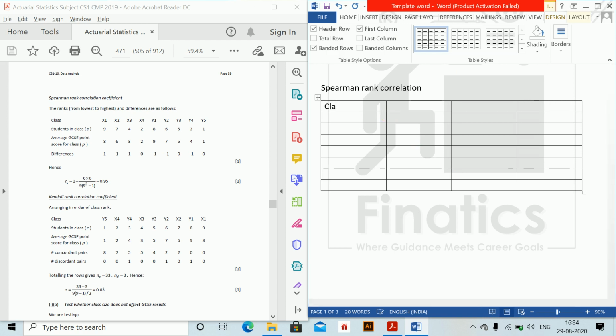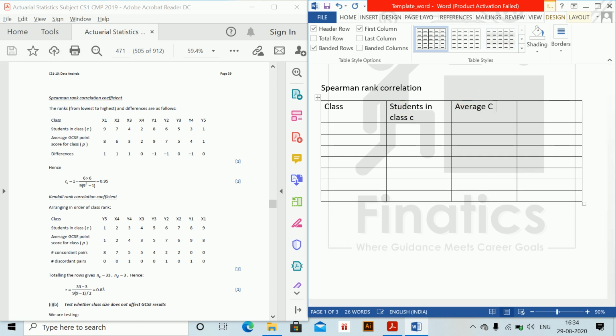So we need class students in class C, then average GCSE point P, and then you have differences. You have your x1, then 9, 8 and 1, the difference, x2, 7, 6 and 1.